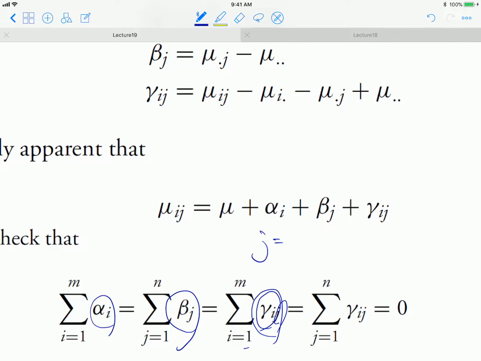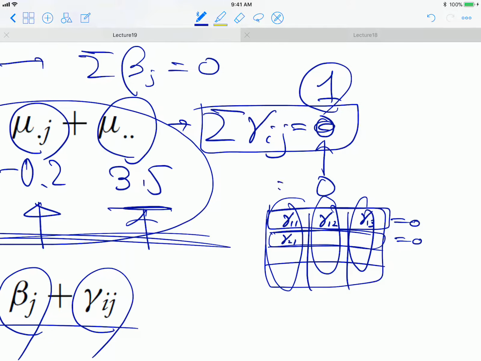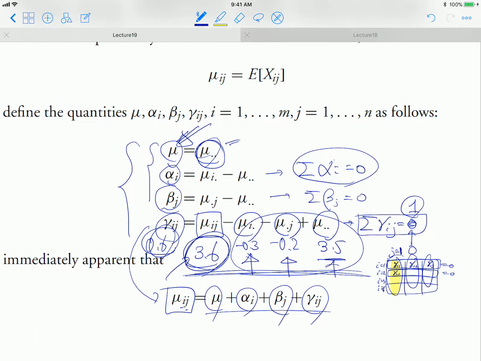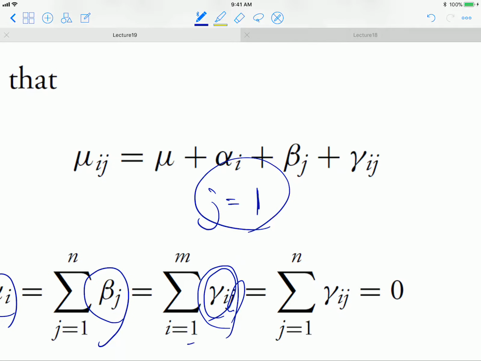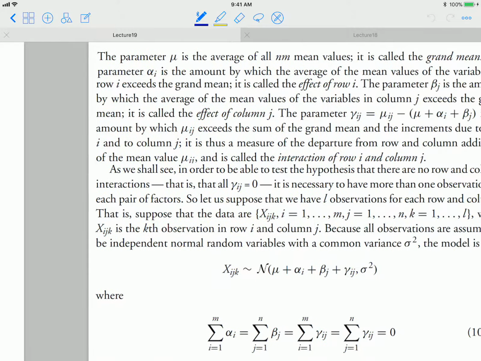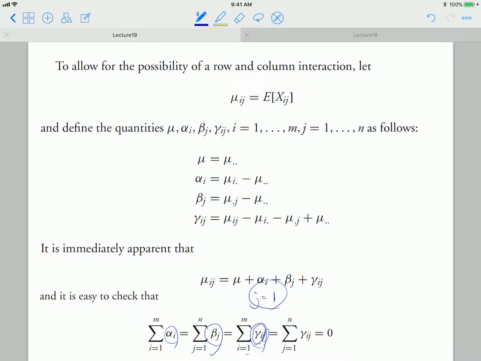So when j is fixed as 1, for example, the summation of this gamma over i's, i1, i2, i3, and i4, these yellow parts will be equal to 0. Then the row-wise and column-wise sums of this gamma will be 0. Okay, so let's see.